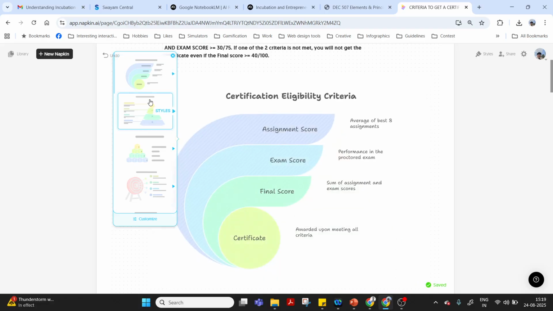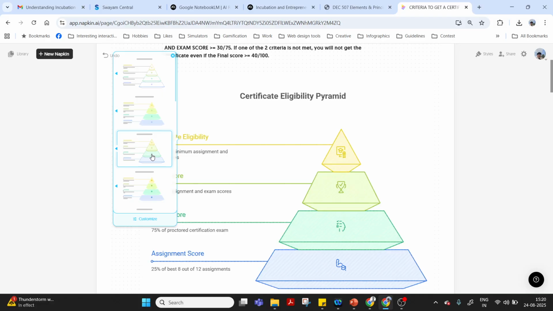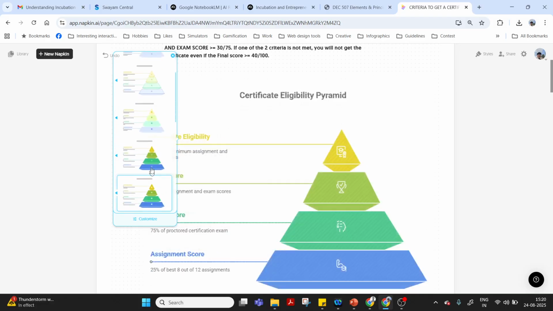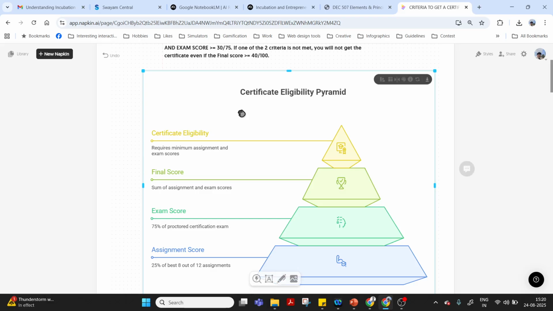Okay, maybe it's like this. Now within this, you have the option of visualizing it in a different way. So maybe we will select this one. Okay, so now this is ready.